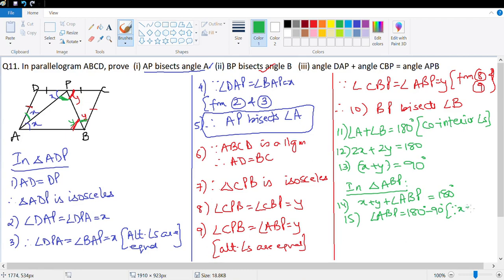Since x plus y is equal to 90, therefore angle ABP is equal to 90 degree, which is equal to what we got this as. So number 17 would be angle ABP is equal to 90 degree is equal to x, which is what they want, which is angle DAP plus angle CBP, which is y.